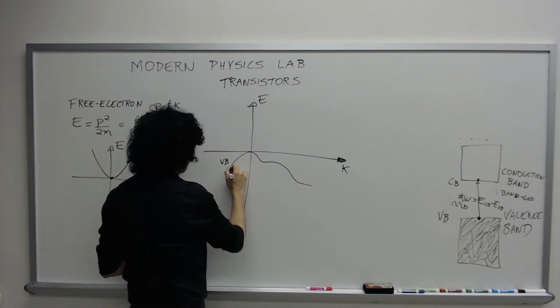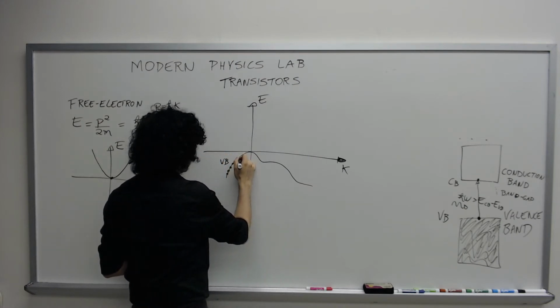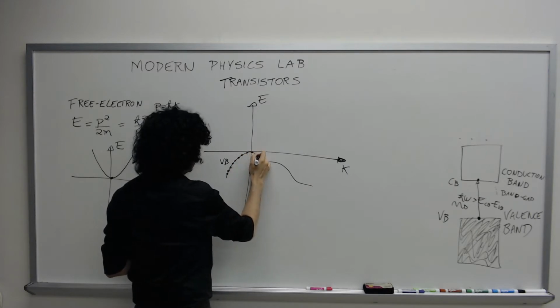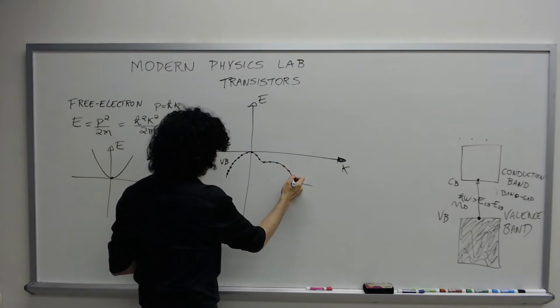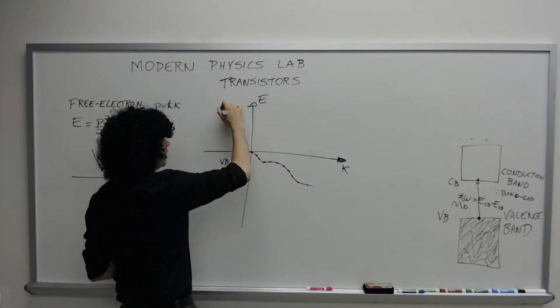The electrons are here, filling the valence band, and up here you have the conduction band.